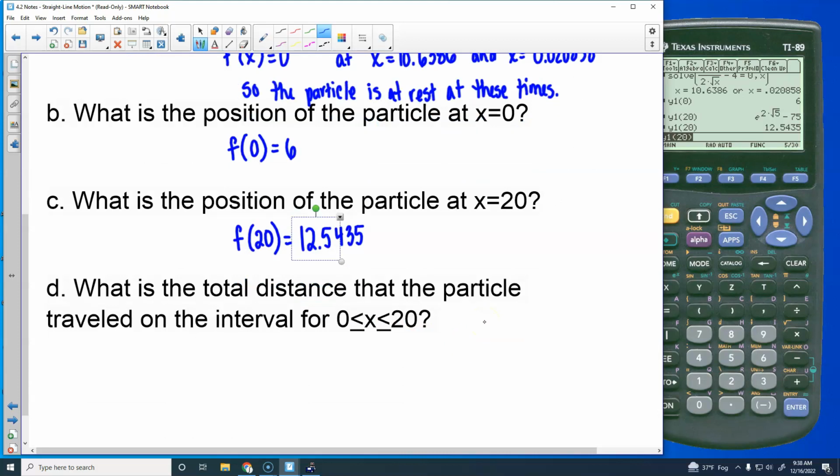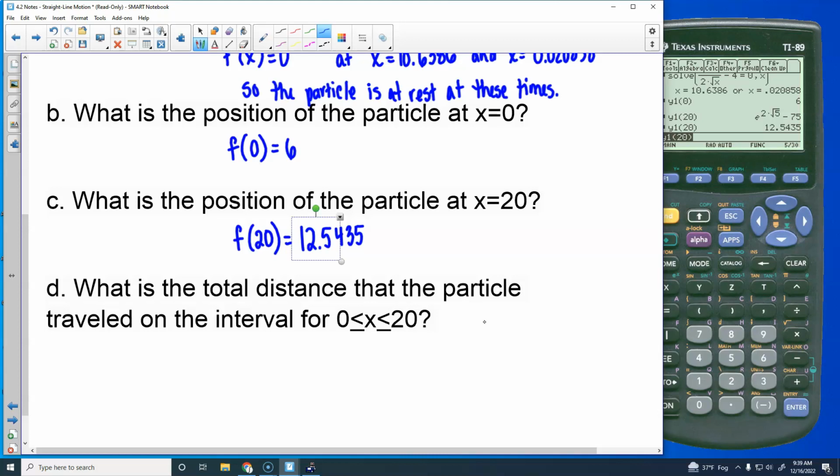All right. What is the total distance that the particle traveled? The difference between the two things. No. I was trying to get you to say that, but it's not. The position, f of 0, and f of 20.